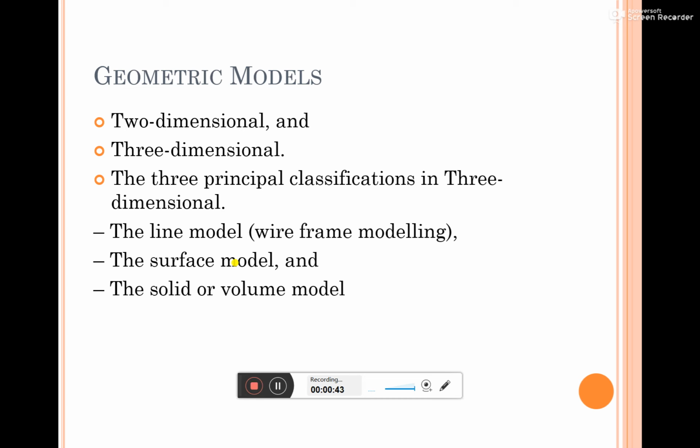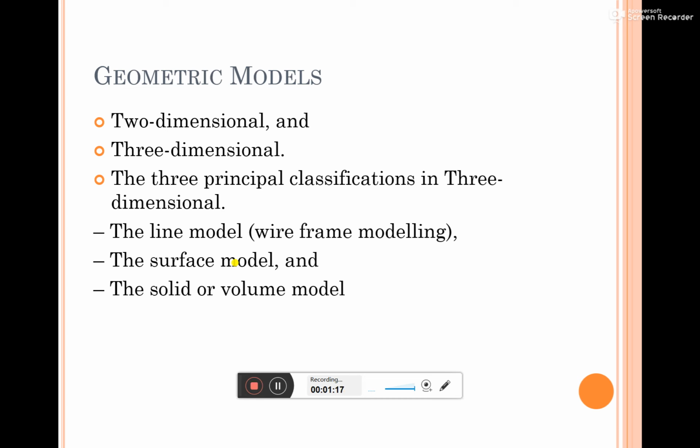According to our requirement, we can represent them in a two-dimensional mode or in a three-dimensional mode. If you are modeling three-dimensional models, then we can represent these 3D models by using a line model.